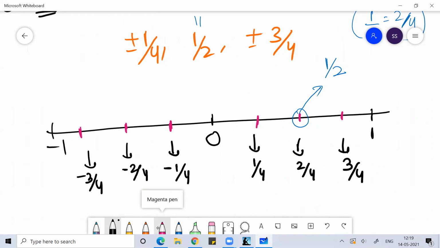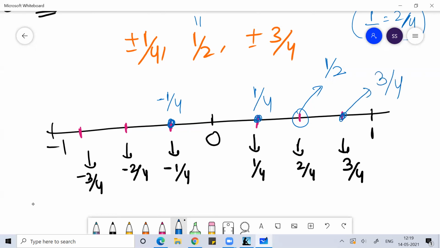So this is minus 1 by 4, this is plus 1 by 4, this is 1 by 2, this is plus 3 by 4, and this is minus 3 by 4.